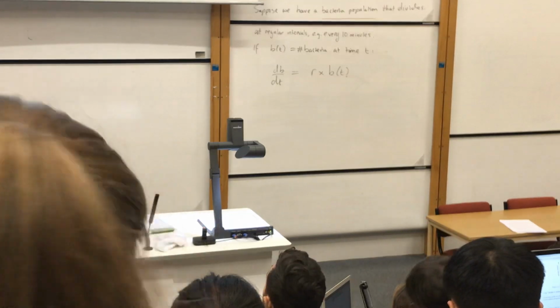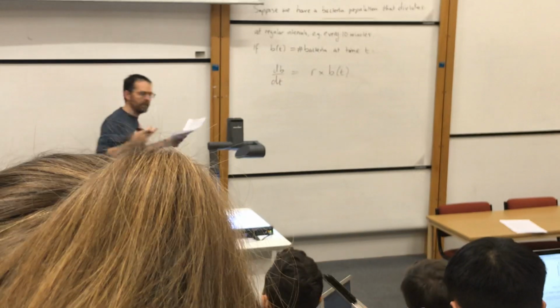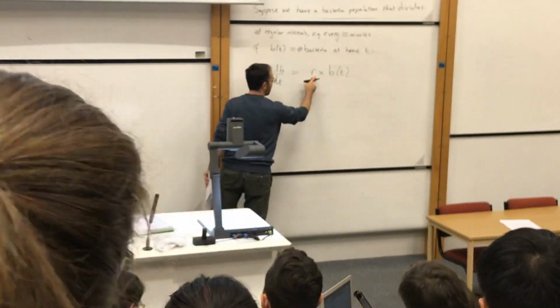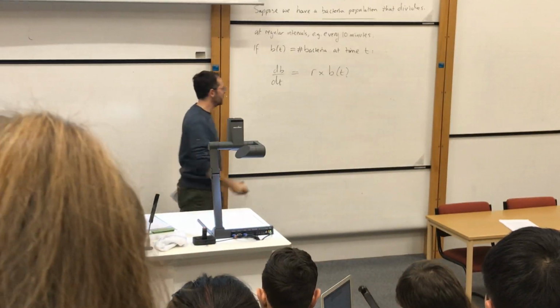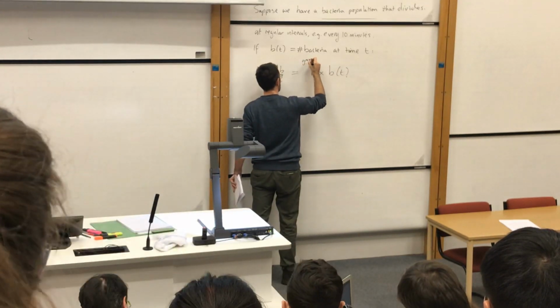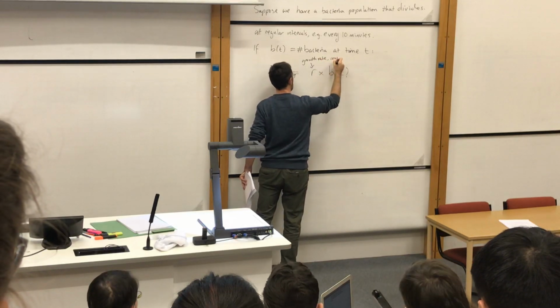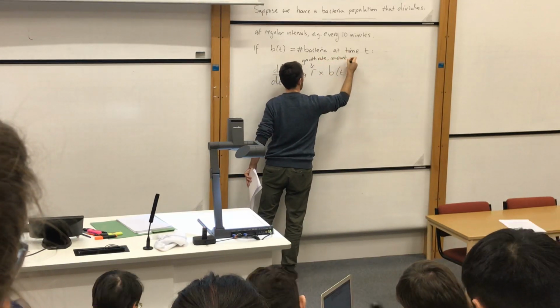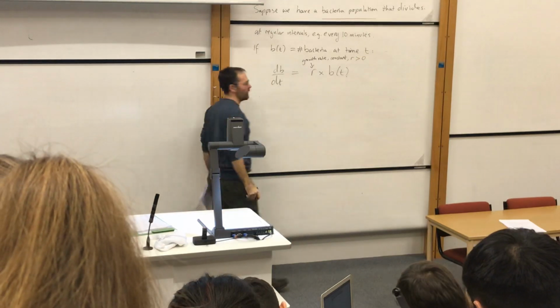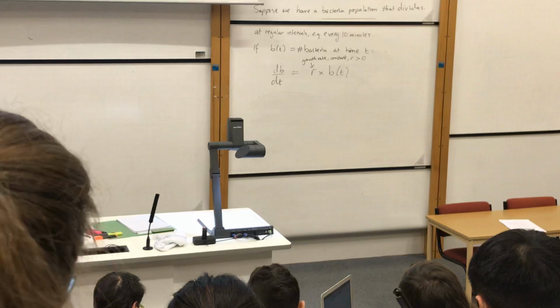The growth of the population at any instant is proportional to the number of bacteria because they're all potentially dividing. And this r, the growth rate, is simply a constant, which only really makes sense if it's positive, so our cells will grow.